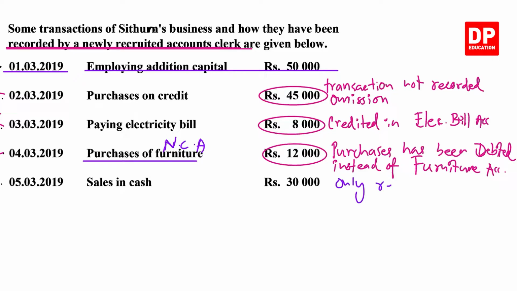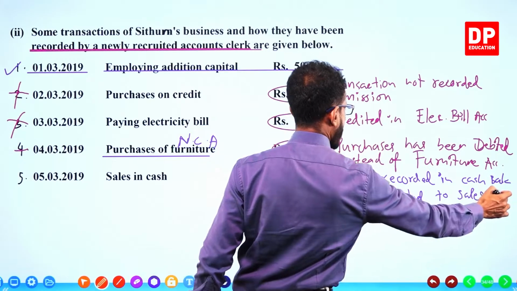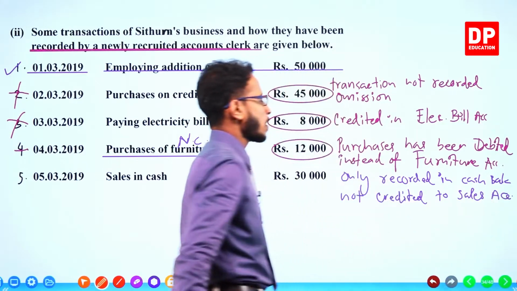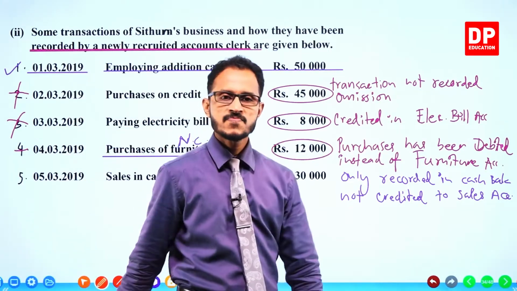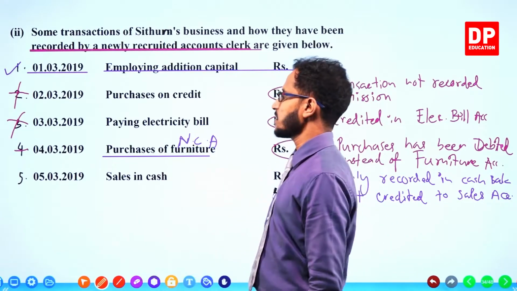Only recorded in cash book, not credited to sales account. There you go. We located the errors. Now you have to write the errors one by one. Writing the errors one by one.